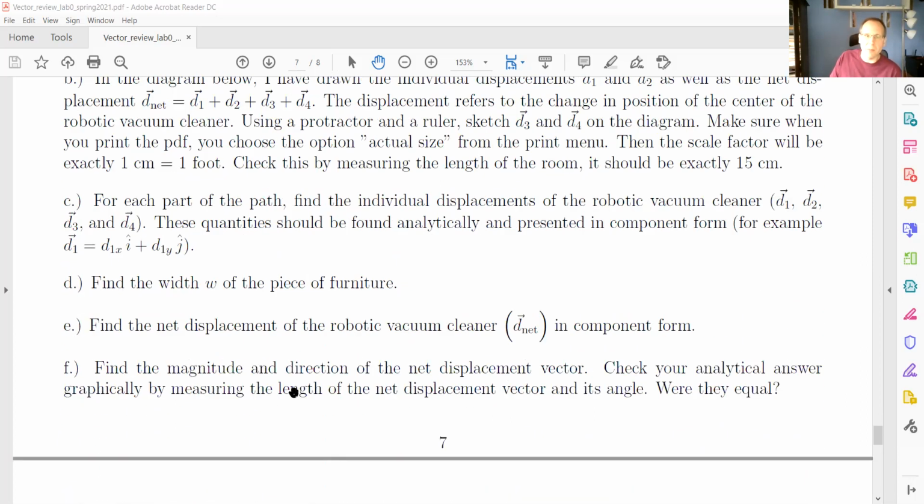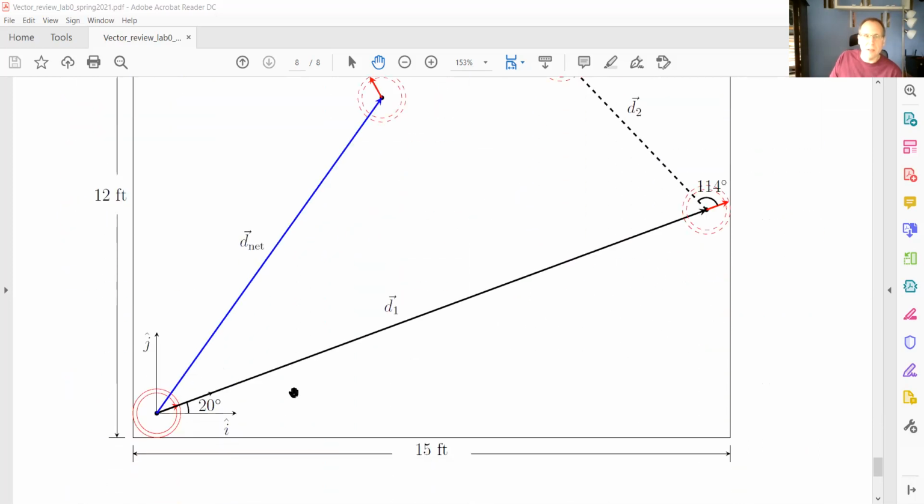Okay, so let me look at the picture right now. So here's a robot vacuum cleaner, right? It's starting, here's the coordinate system, i hat, j hat, x, y. And think of this center as being at 0, 0. So it rotates 20 degrees and it moves in this direction, at an angle of 20 degrees. So this is the first displacement, until the edge of it hits the wall.